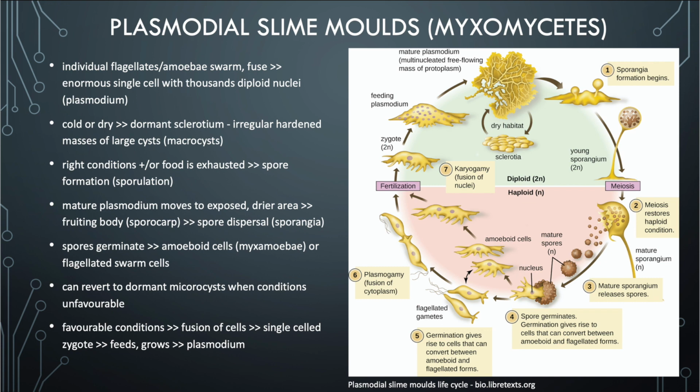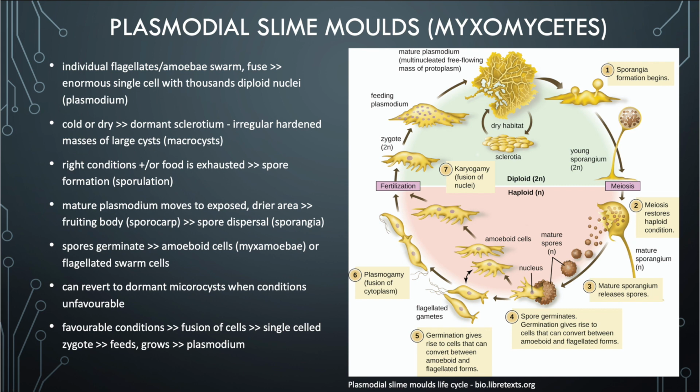An example of that is Physarum, where individual flagellates swarm and fuse into an enormous single cell with thousands of diploid nuclei, and we call this giant cell the plasmodium, hence the name plasmodial slime molds.